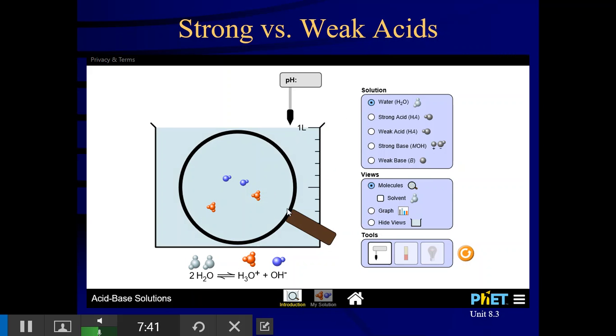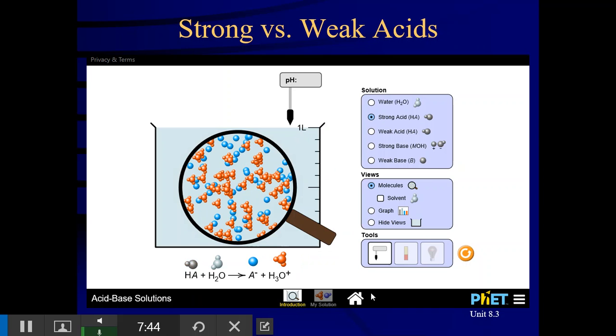Okay, now I've pulled up this PhET simulation here, and I want to show you a further visual explanation of the difference between what the words strong and weak mean. What is displayed on the screen here is a strong acid. Look at the pH. The pH is relatively low, and that should be for something that's a very strong acid. What I want you to really focus your attention on, though, guys, is these little red hydronium ions right in here.